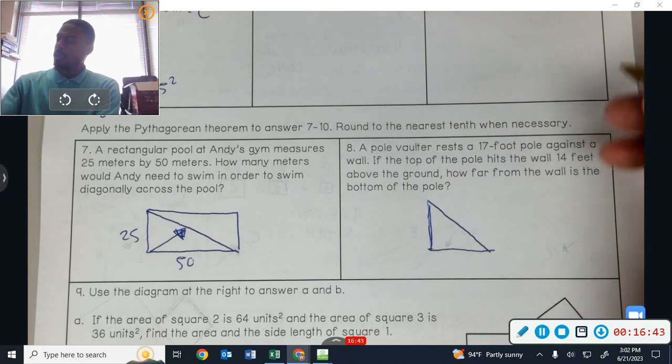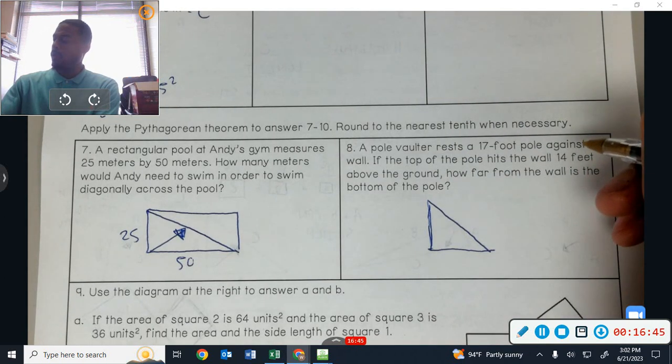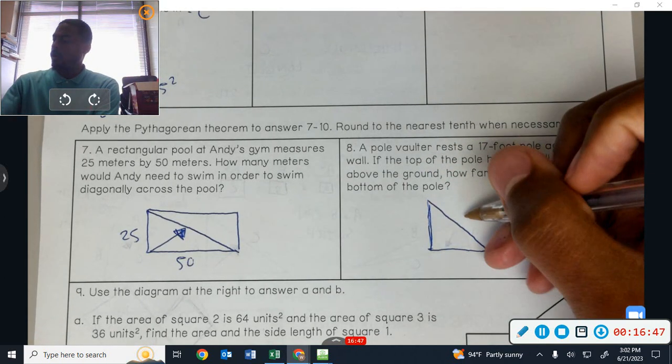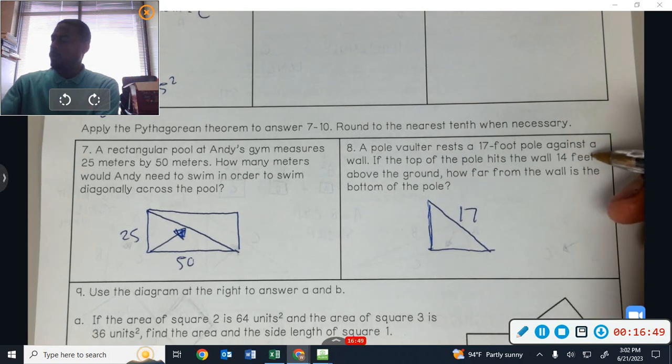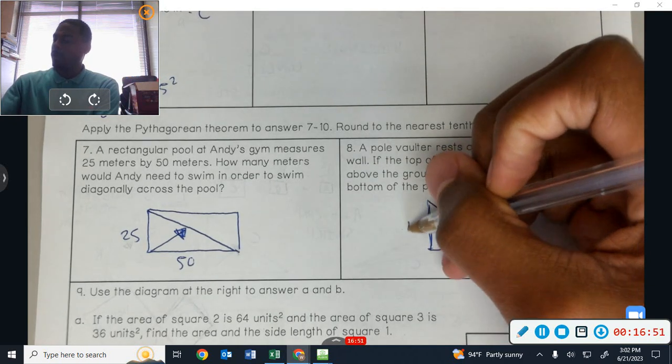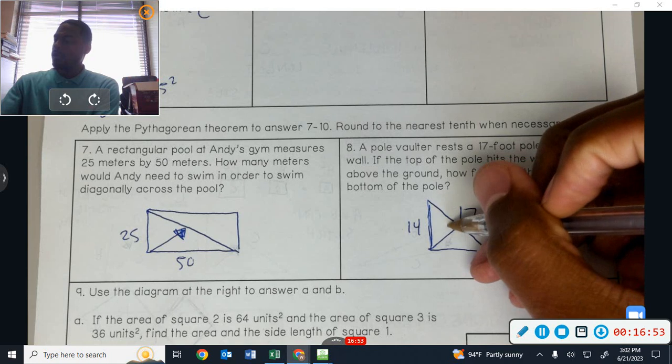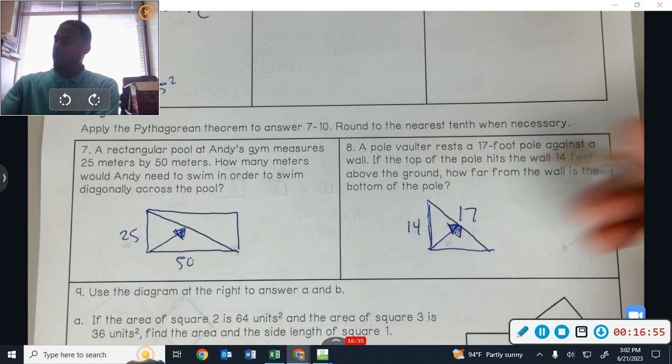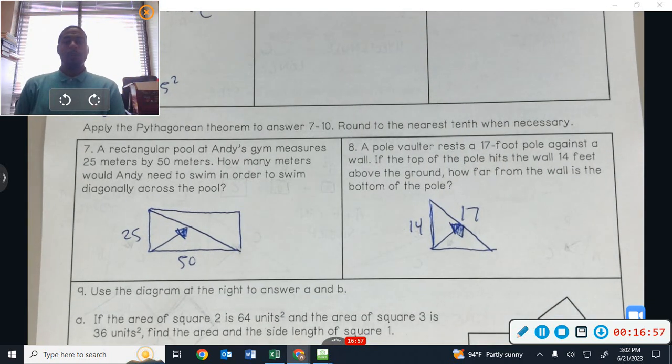So this is going to be a 17-foot pole against a wall. So 17 is here. The wall is 14 feet above. Okay, there you go. Helped y'all out with that. Okay, ask questions, ask your neighbor. Okay, collaborate, help each other out with this.